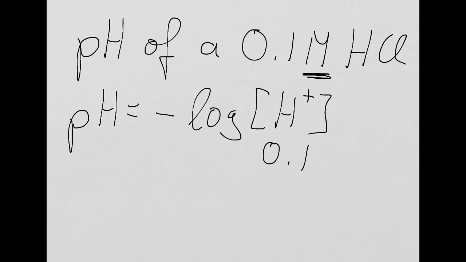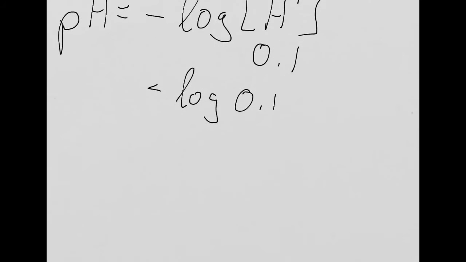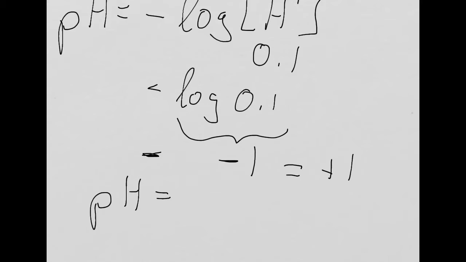I come back to that in a while when we discuss a slightly different example. So we have minus log of 0.1. Log of 0.1 is negative 1. So I have minus times minus, and that gives plus 1. So pH equals 1.